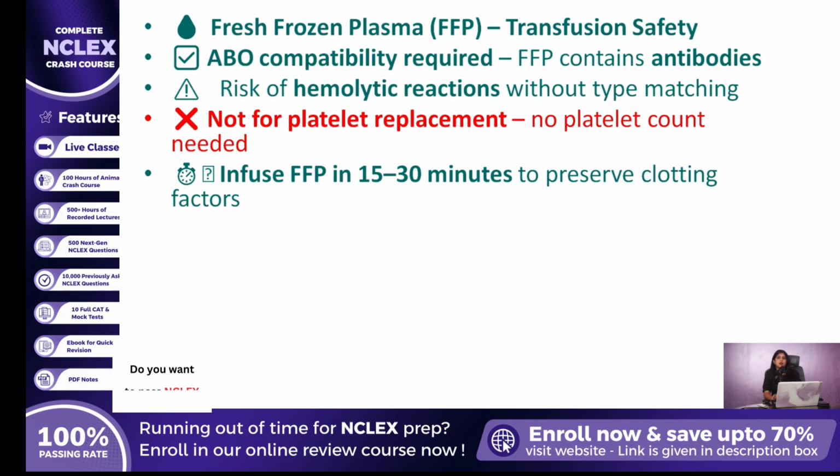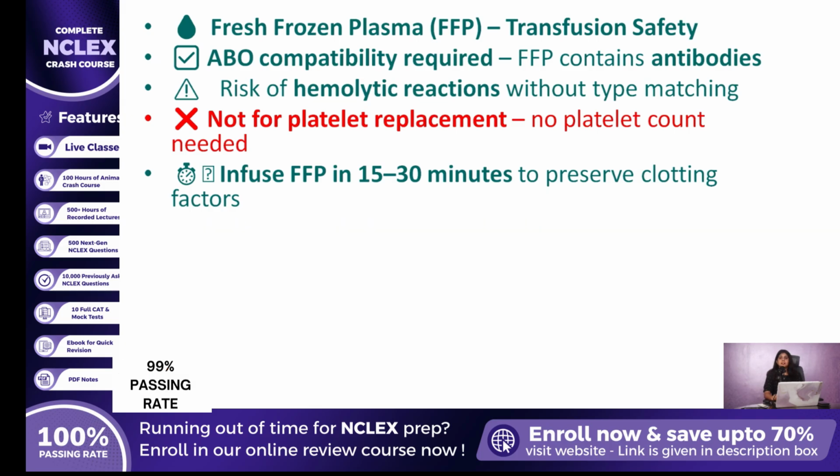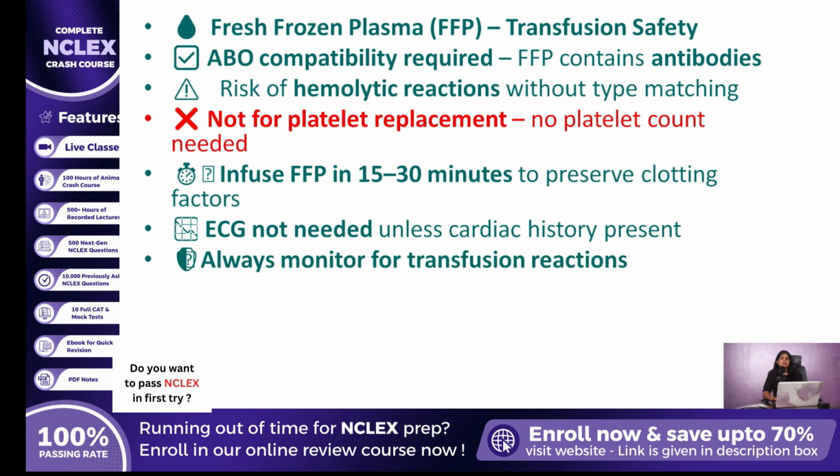Infusing over 2 to 4 hours is appropriate for packed red blood cells, but FFP should typically be infused over 15 to 30 minutes to minimize clotting factor degradation. An electrocardiogram is not routinely required unless the client has pre-existing cardiac conditions. Key safety point: always confirm ABO compatibility and closely monitor for transfusion reactions when administering any blood product.